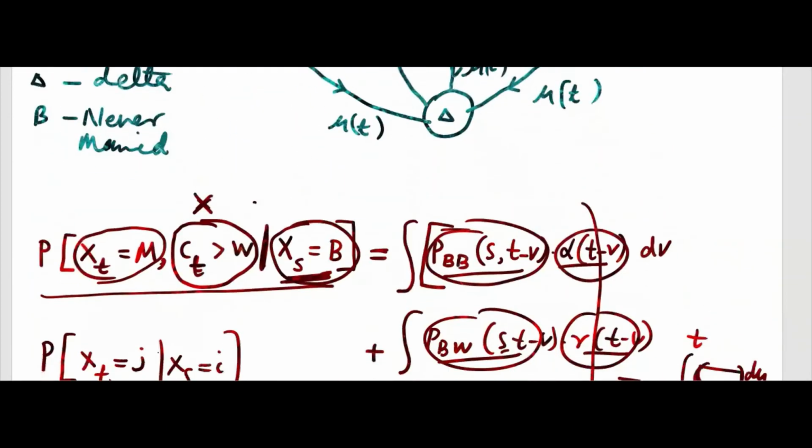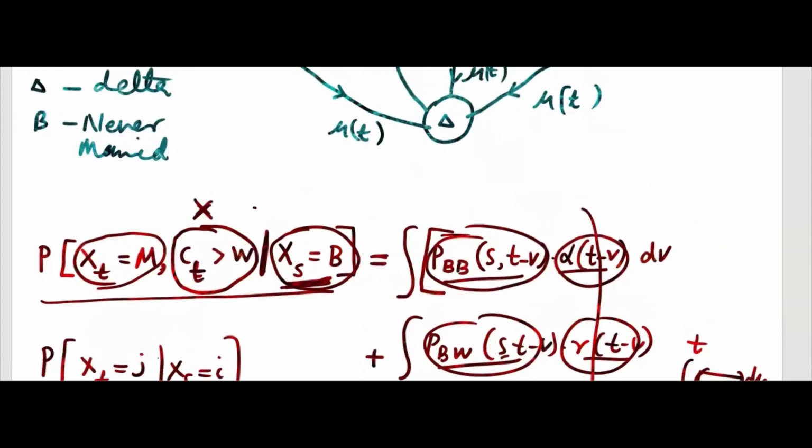Not explained here. C_t is the notation we use for current holding time. That means, suppose there is a guy now in 2021, and consider 2023, this is July. There is someone who is never married, suppose 20, 22, 25, whatever.